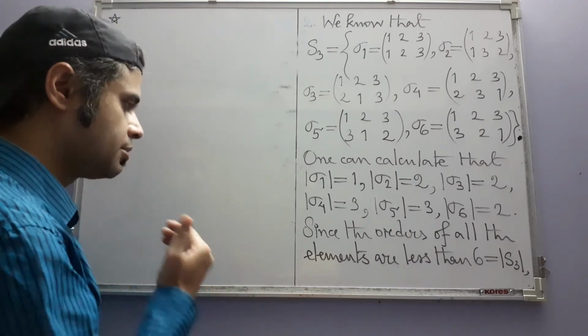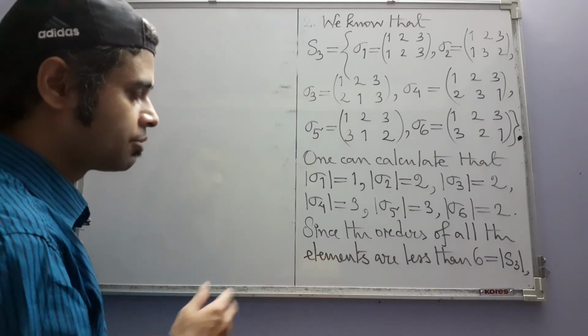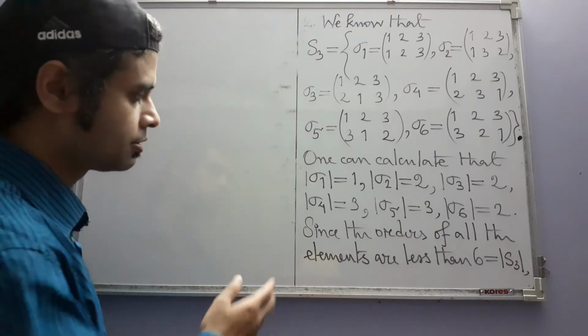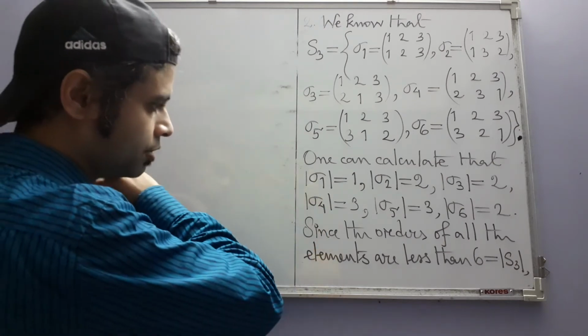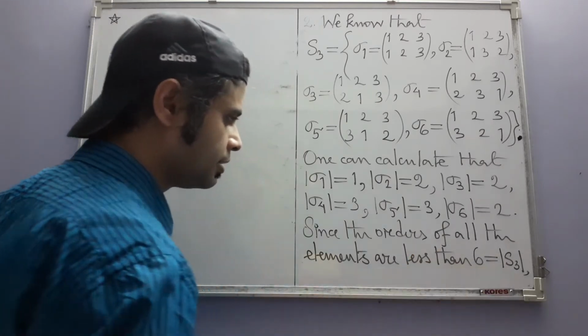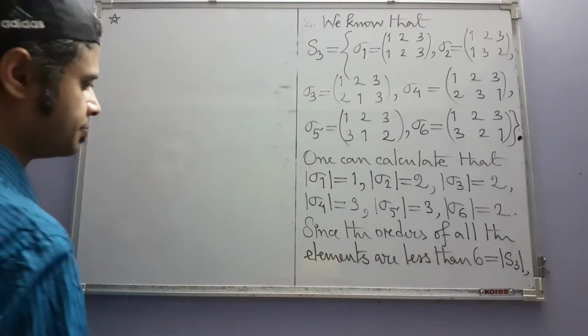That is, every cyclic group is abelian. But we know that S3 is non-abelian, so it cannot be cyclic. So that way also you can just simply, without doing anything else, just simply using the fact that S3 is non-abelian, you can say that it cannot be cyclic.